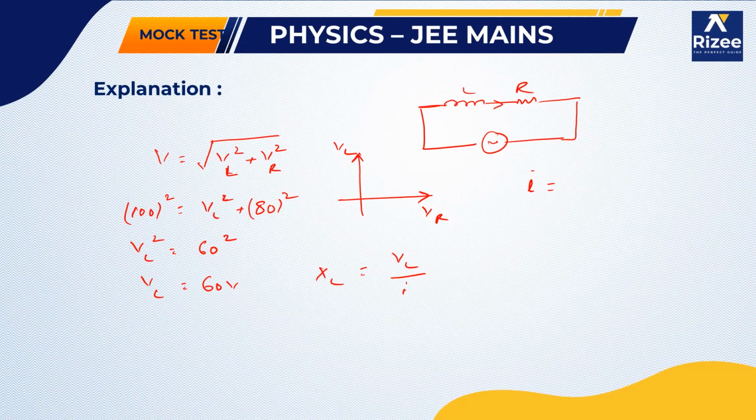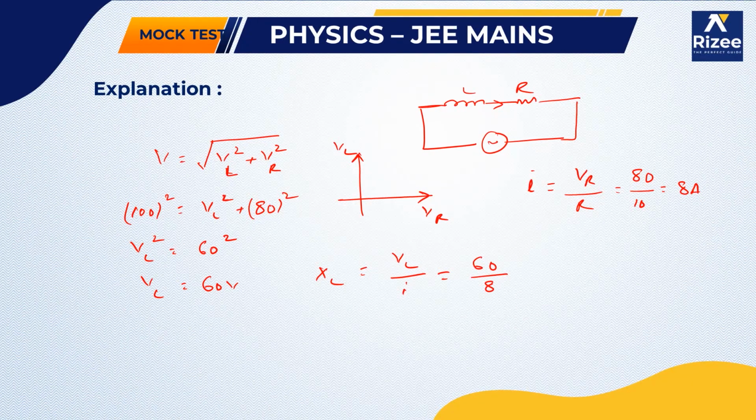I can be written as the potential drop across the resistance by the resistance. The potential drop across the resistance is 80 volts and the value of the resistance is 10 ohms, which is equal to 8 amps. So substituting here the current, VL, we have 60 by 8.